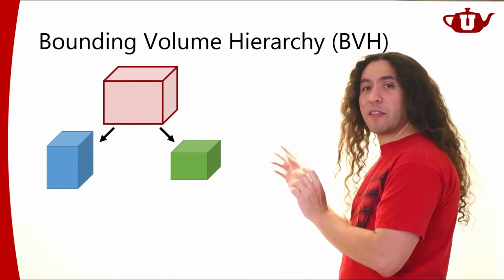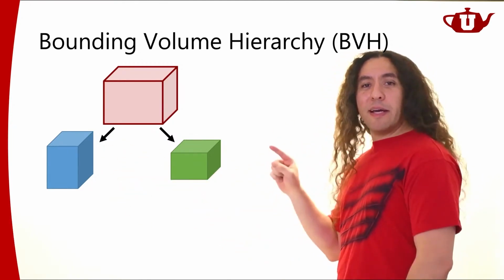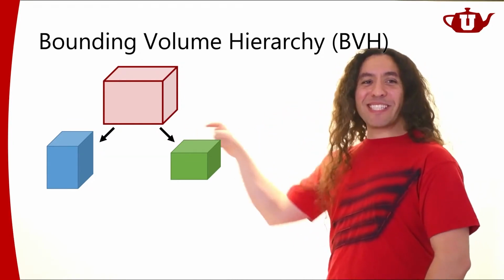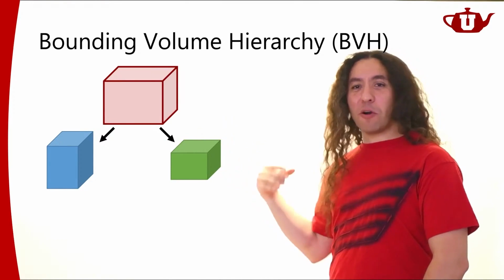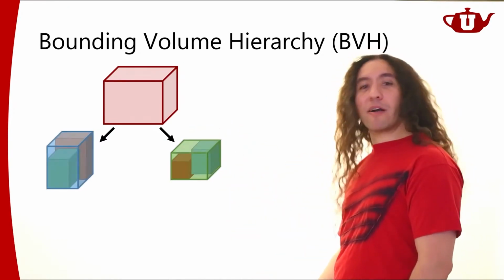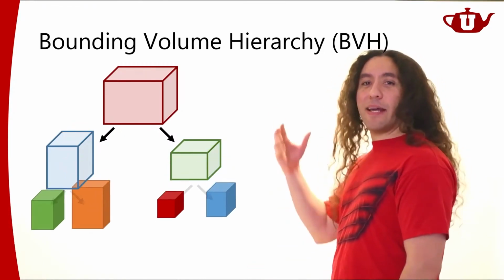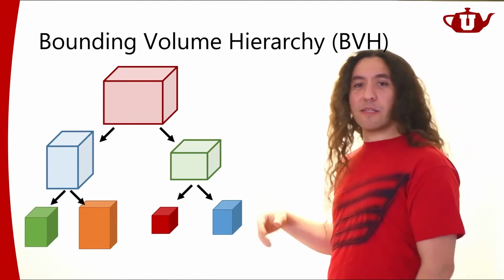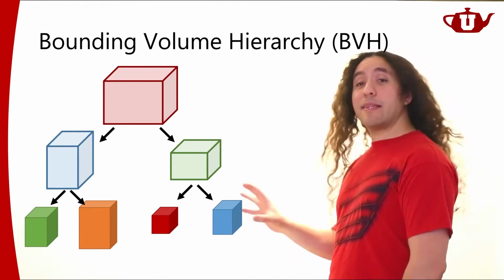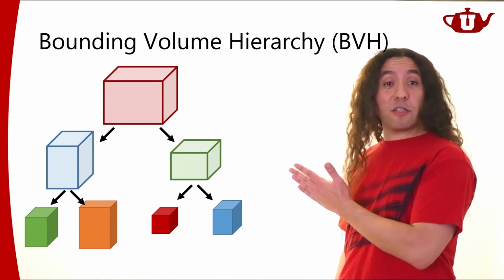If it doesn't intersect with, let's say, the blue one, it's gone. I don't have to look at the blue one ever again. If it doesn't intersect with the green one either, then I'm done. But if it intersects with one of them or both of them, then I'm going to have to go in and look at the boxes inside them, right? And I'm going to be looking at those boxes, and this can go as far down as it needs to. And in the end, this is going to define what looks like a binary tree.